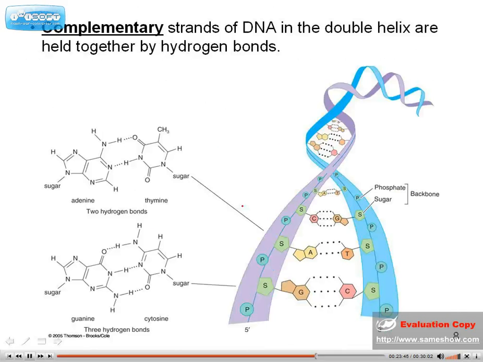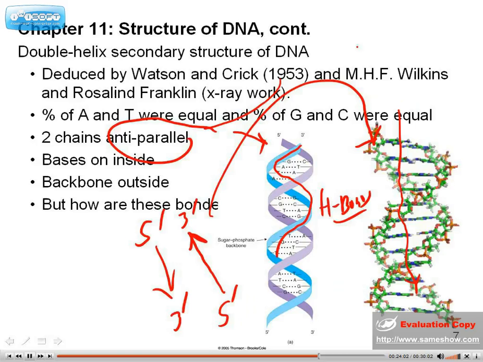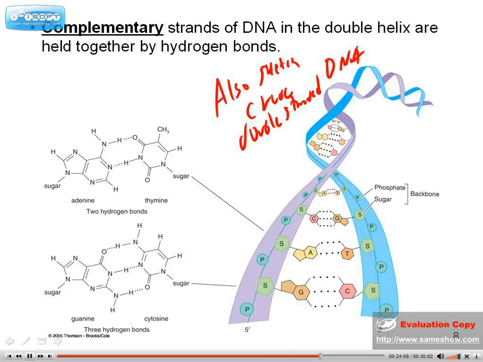I will also ask you to sketch a crude double-stranded DNA. So here are nice pictures of DNA, and I'm sure you can turn it into RNA. The hard part is creating the double-stranded DNA.